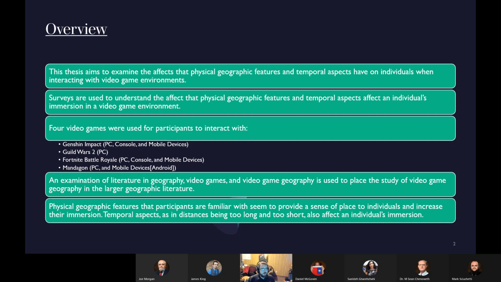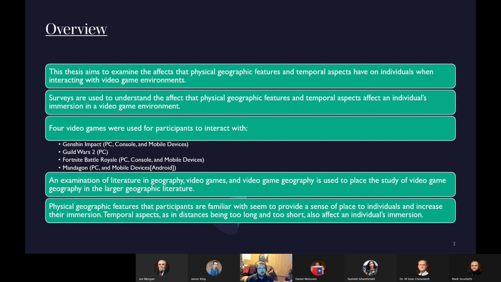The 4 video game environments that I used for participants to interact with before completing the survey are Genshin Impact, which can be played on PC, console, and mobile devices, Guild Wars 2, which is on PC, Fortnite Battle Royale, which is on PC, console, and mobile devices, and Mandagon, which is on PC and mobile devices.